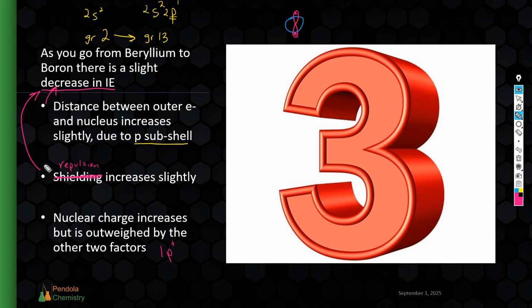And that's where our exception to the trend between group 2 and 13 comes from: the fact that we have a larger distance and a bit more repulsion from the introduction of the p sublevel to the new element. Those two factors, the slight bit of repulsion and the slight bit of distance that the p sublevel adds, outweigh the inclusion of one new extra proton.